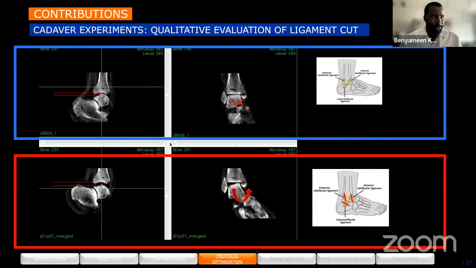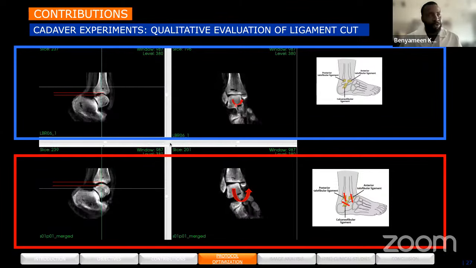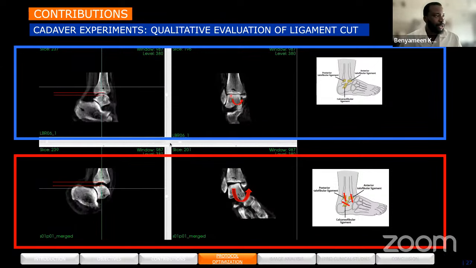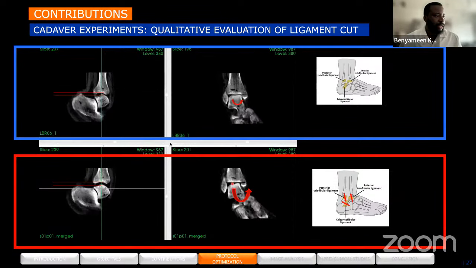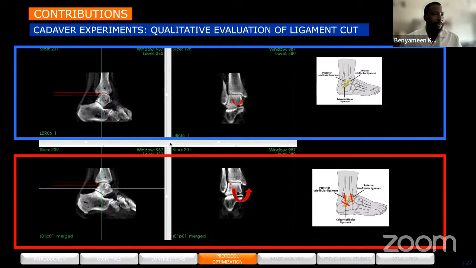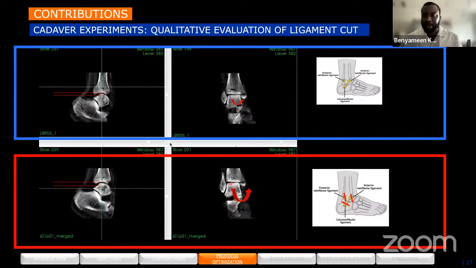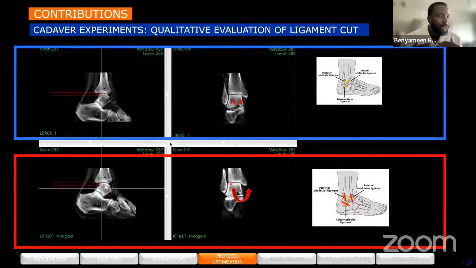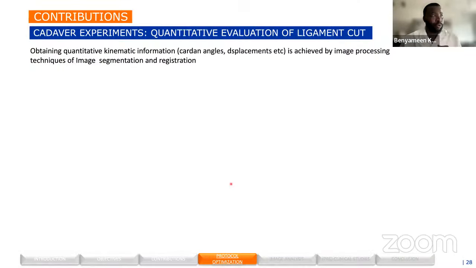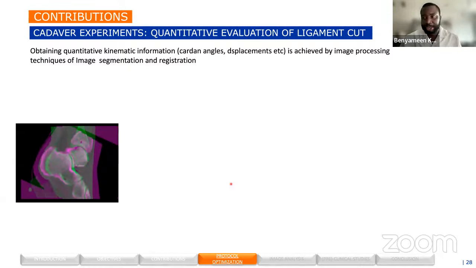This can also be observed on this other view of the image, where you notice that the gap here compared to here is larger in this case. But this is quite qualitative. You probably will have to squint a bit to figure out what's going on. So what we are trying to do is, can we also quantify this? Is there a way to quantitatively represent this? And that's where we rely on the image processing techniques I talked to you about earlier on, so image registration and image segmentation.